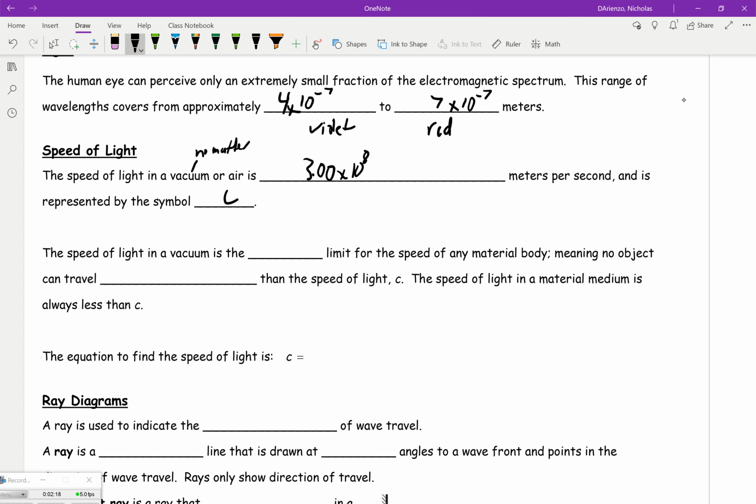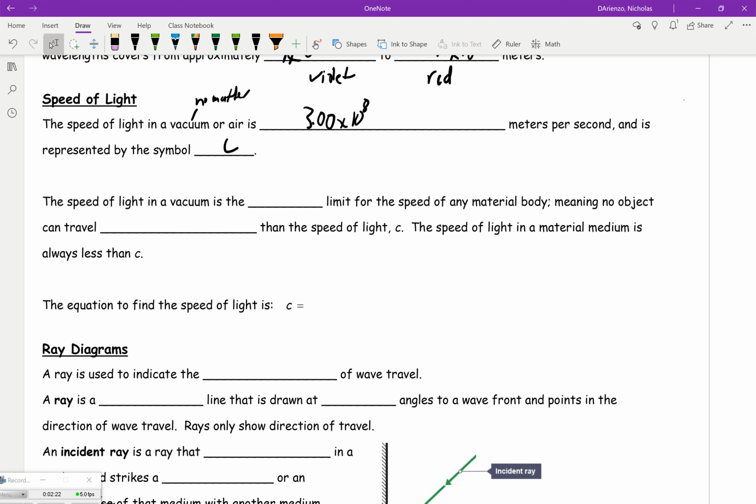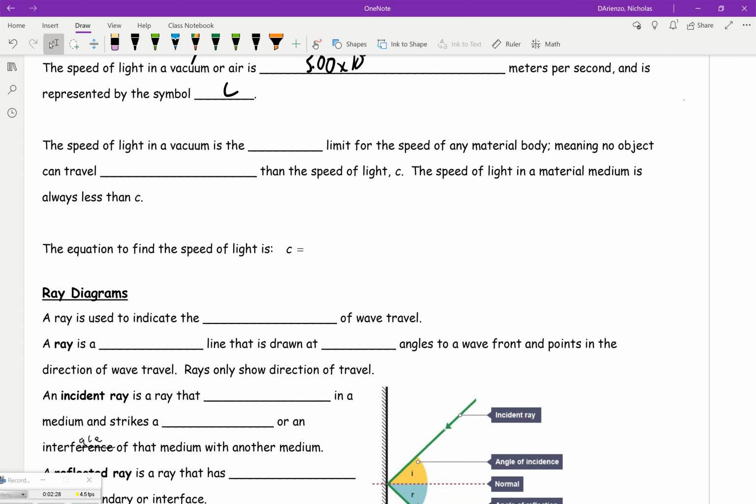So if we have light moving in anything but a vacuum, its speed is not going to be 3 times 10 to the 8th meters per second. This is considered what we call the upper limit for the speed of any material body, meaning no object can travel faster than the speed of light.